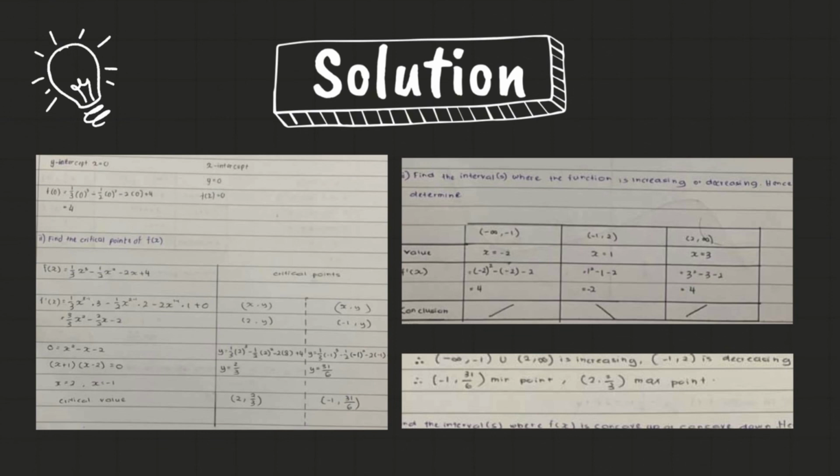For the second column, between negative 1 and 2, and for the last column, from 2 and above. After that, put the values into the f prime x equation. The first column will show a positive value, so the function is increasing. The second column will show a negative value, so the function is decreasing, and the last column will show a positive value, so the function is increasing.